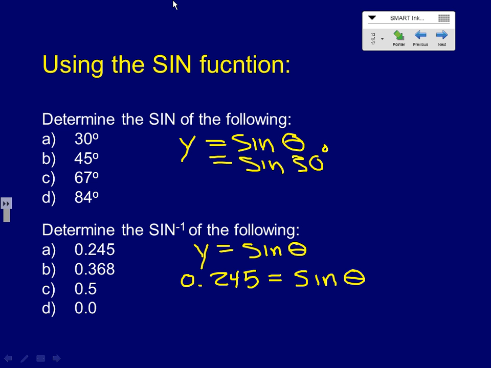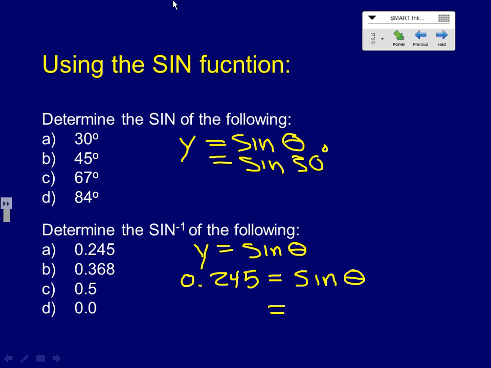So how do we then turn this equation kind of upside down in order to get the theta? And that's what we need to do in order to solve this. And this is the way it looks. You simply take the inverse sine of both sides. And what that does is it gets rid of this sine.